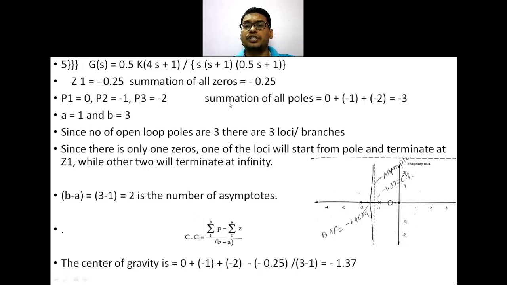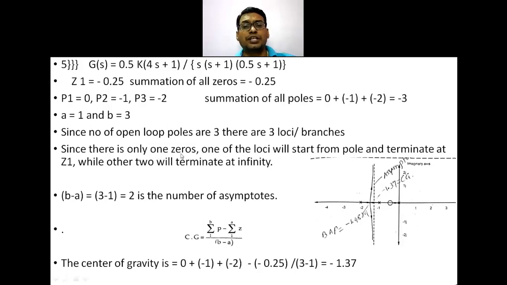So I can take the summation of all poles and the summation of all zeros. a is the number of zeros, that is 1, and b is the number of poles, that is 0, minus 1 and minus 2, so we will have the value of 3. Since the number of open loop poles is 3, there will be 3 branches.